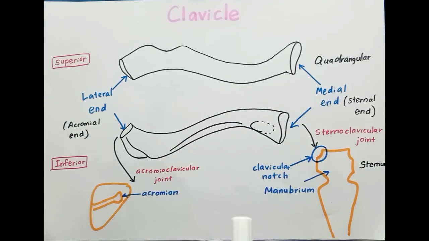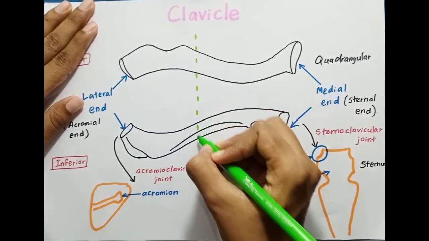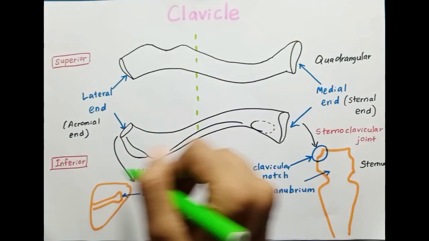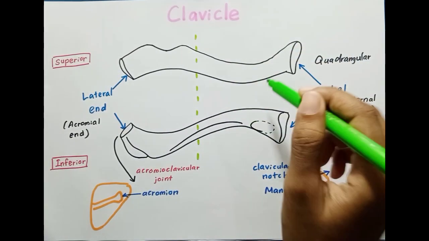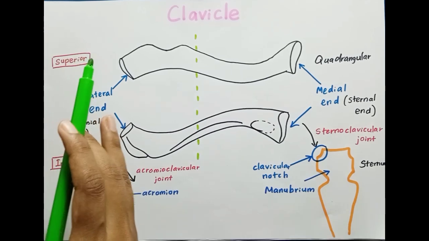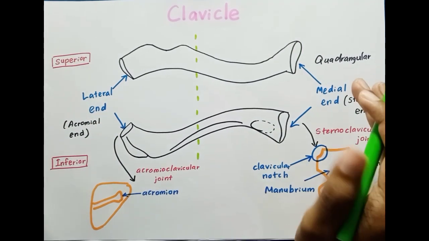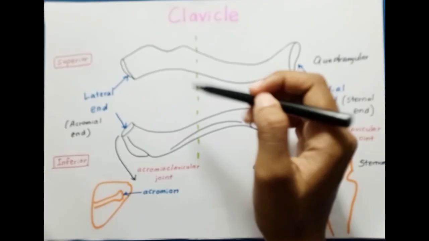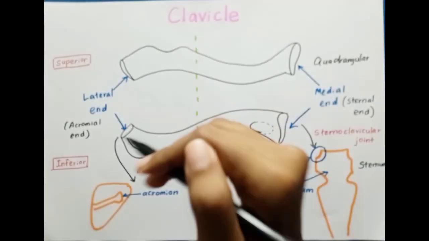So now let's talk about the shaft of this bone. So here, this is the lateral 1/3 of the shaft and this is the medial 2/3 of the shaft. Lateral means it is far from the medial axis. Medial means it is closer to the medial axis. So this lateral 1/3 is flattened from above downwards.